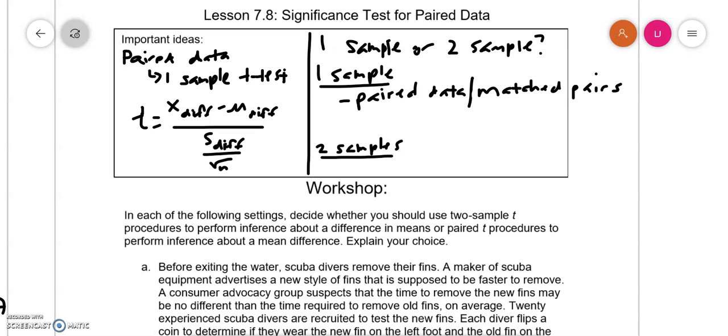So that is one case of using one sample. And generally this happens when we subtract and then create an average. So let's write that down. If you subtract and then average, that is a one sample.